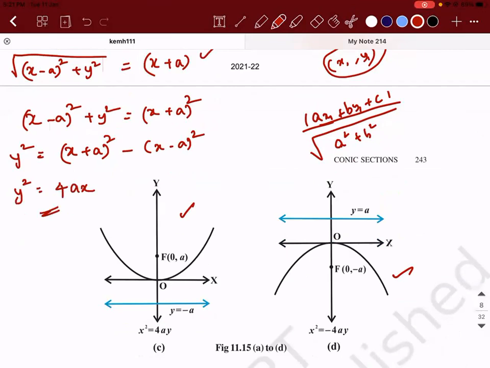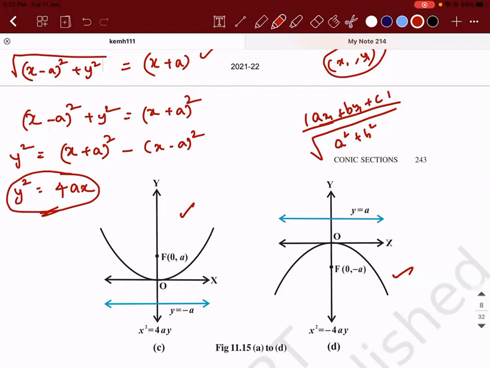So y square is equal to 4ax, the equation of a rightward parabola. So this is the general equation. The derivation is only 4 steps, but you need to have clarity of concept, why it has come and all those things. Clear?